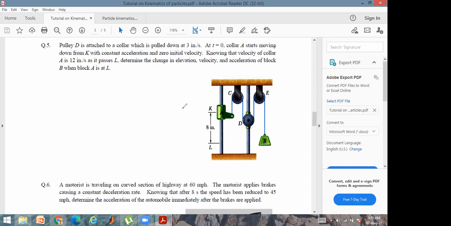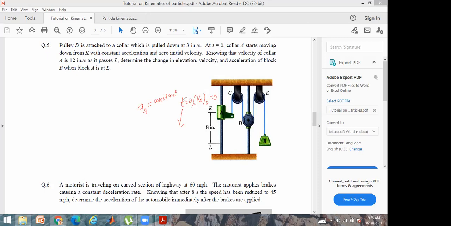See, this collar A starts moving downward at time t equals 0. At time t equals 0, that means VA, the initial velocity, is also equal to 0. Why? Zero initial velocity is given, with constant acceleration, that means there is a constant acceleration.